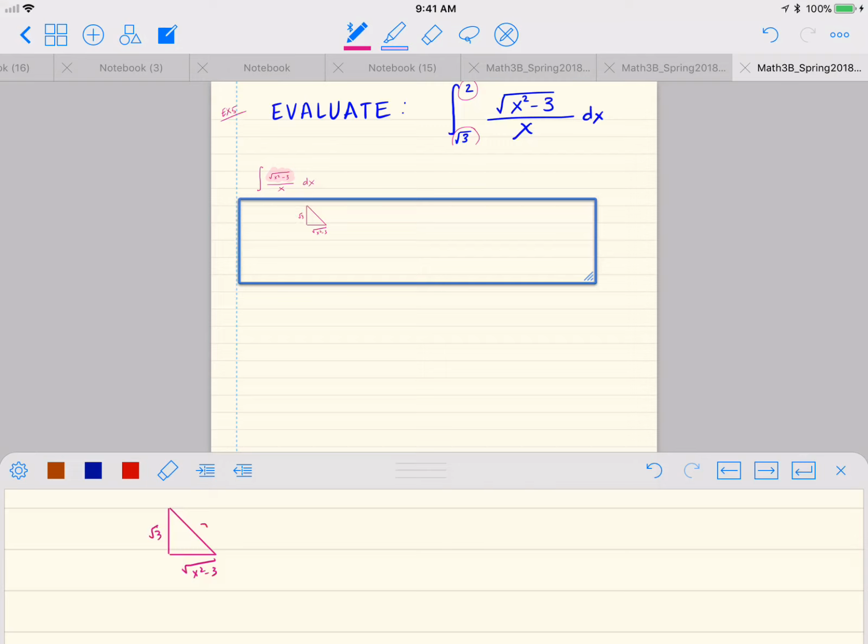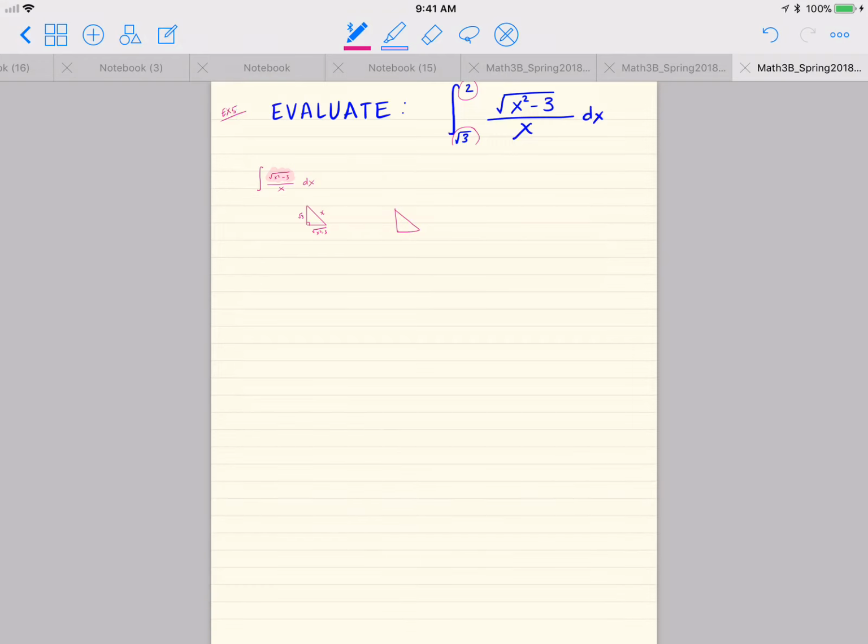The hypotenuse is x. Now you might be asking me, Kalila, how did you know what to make each quantity? Let me show you. So this is kind of in my thought bubble, how I'm thinking about this.